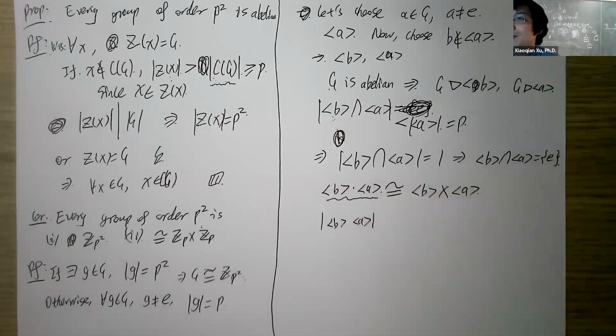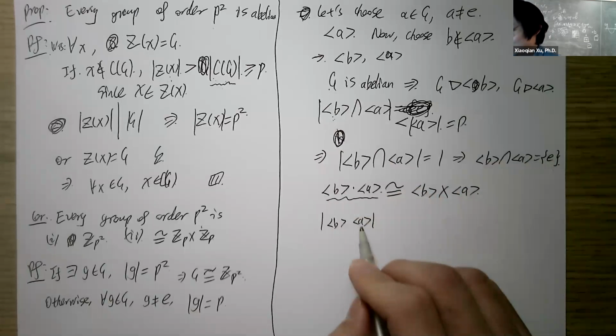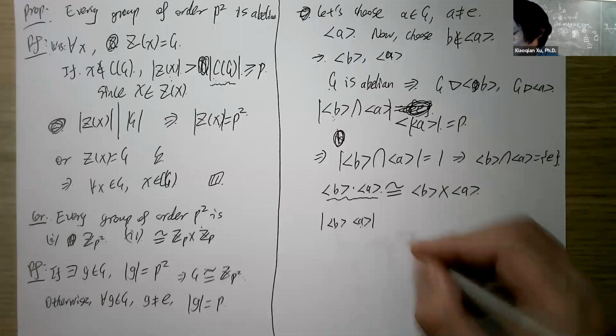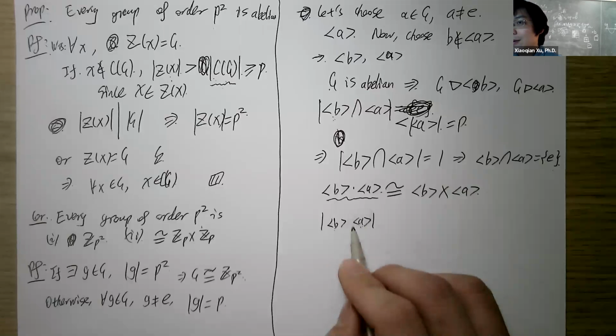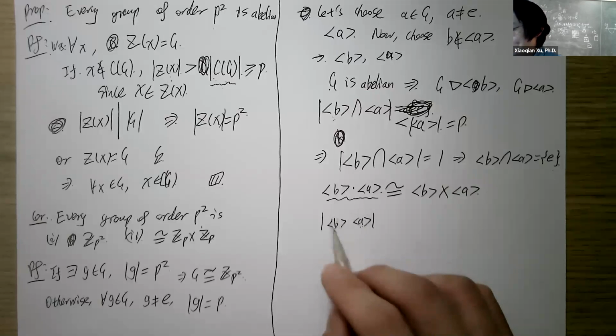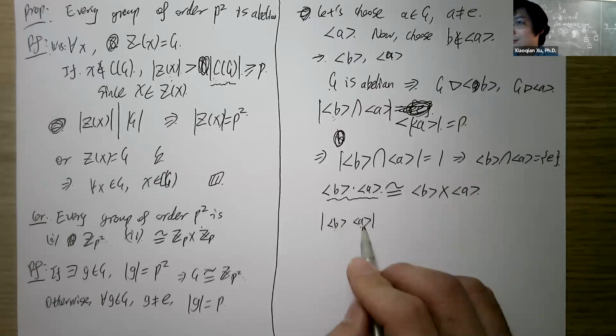Again, we can compute the number of elements of this set. The number of elements of the group generated by a is P. The product contains all the elements of this group, and it also contains b, which is not in this group.